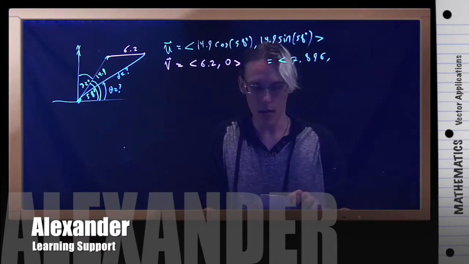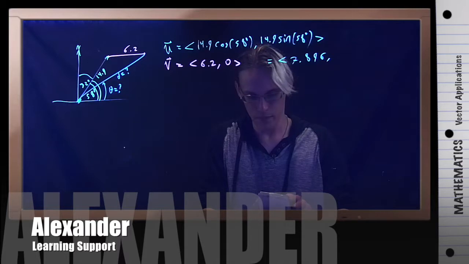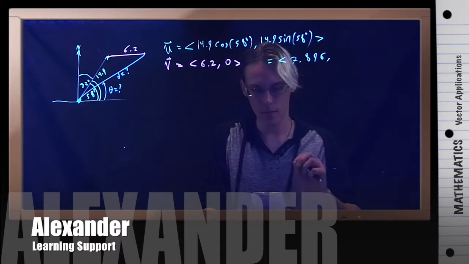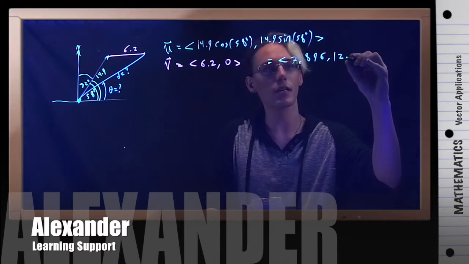Cool beans. And now I do 14.9 sine of 58, which, once again, rounding to 3 places, gives me 12.636.